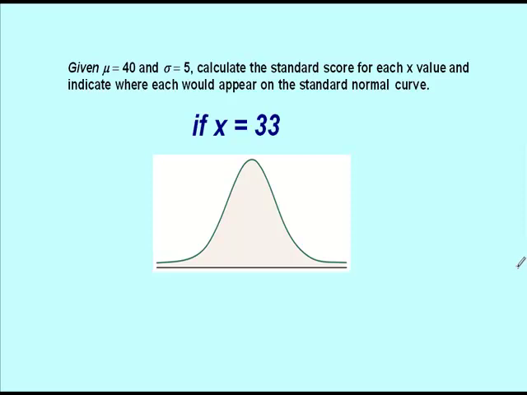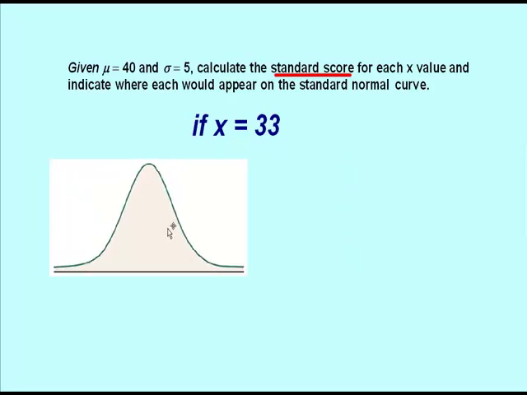Given that mu is 40 and the standard deviation is 5, calculate the standard score. Remember the concept of standard normal curve? Hence we have the standard score. Very creative. And we're going to indicate where this would show up on our normal bell curve.